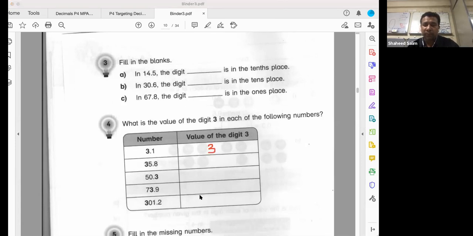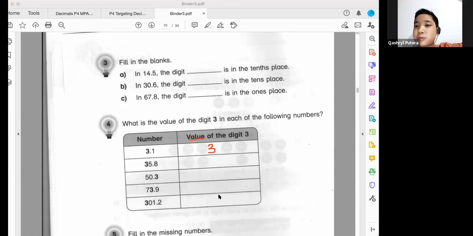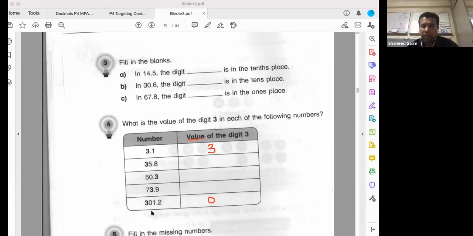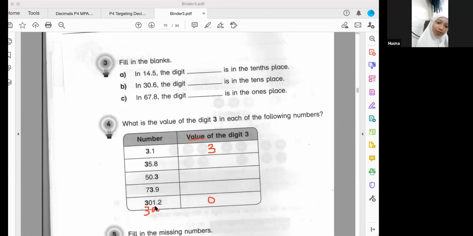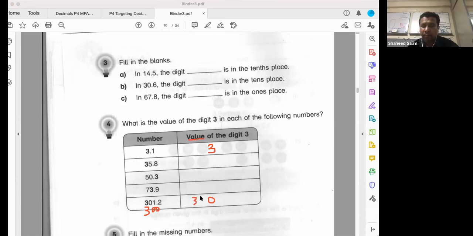Okay, this one now. What's the value of this one? Putra, Shafia, what number? Value. 0. 0. 0, not correct. You just take out the 3. This one, 3, 0, 0, 300.